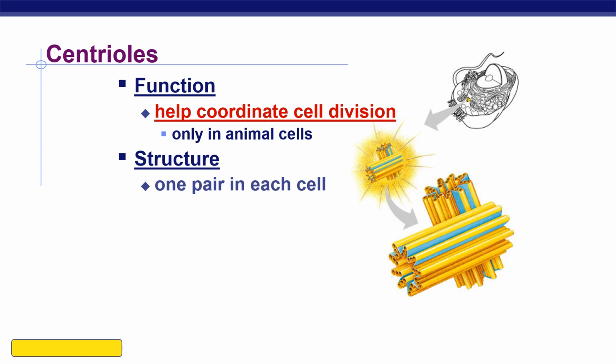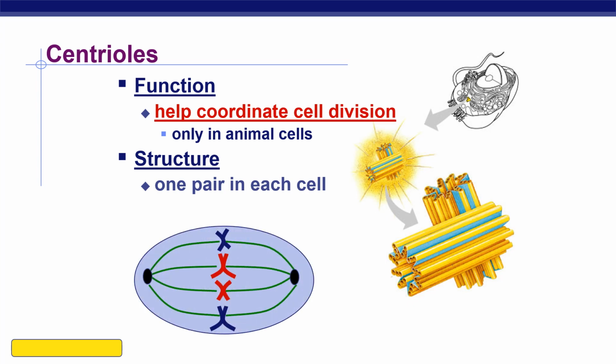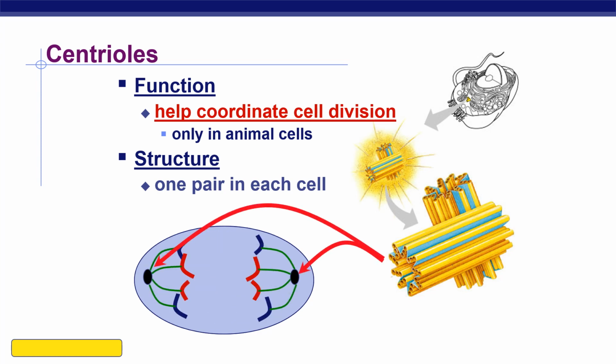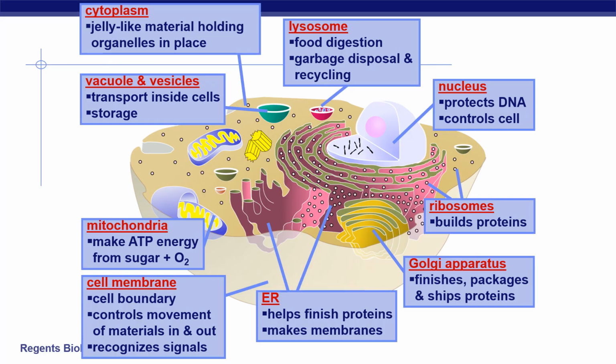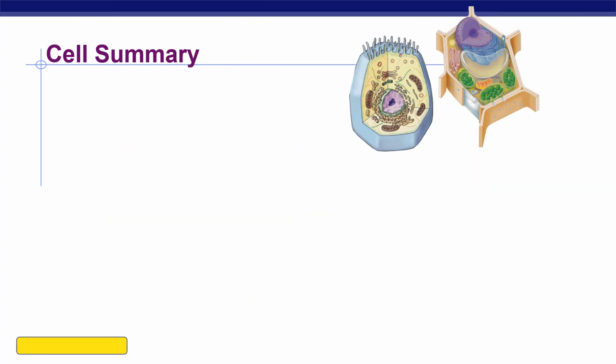So there should be one pair of them needed during the process of mitosis. So that is what we call the centrioles. Okay? So where do we find the centriole in the animal cell? There. It helps in the cell division.